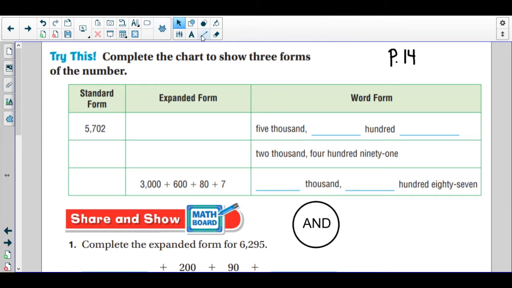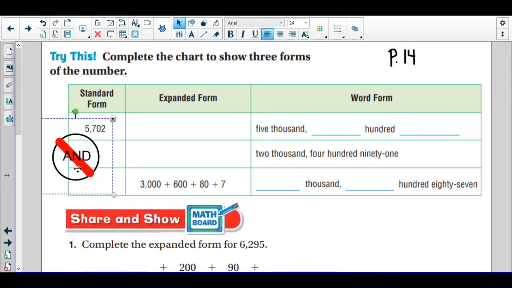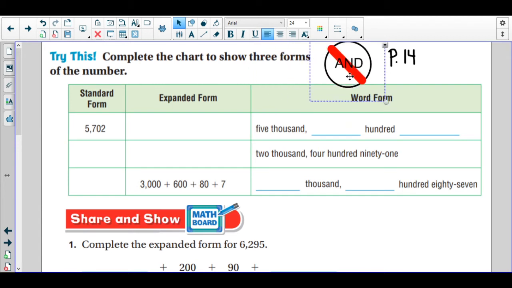Because actually, the word and signifies that we are using a decimal. And since we're not really using a decimal yet, you will as your math knowledge increases, we want to make sure that we are not using the word and just whenever we want to.